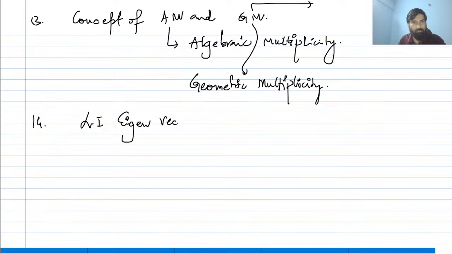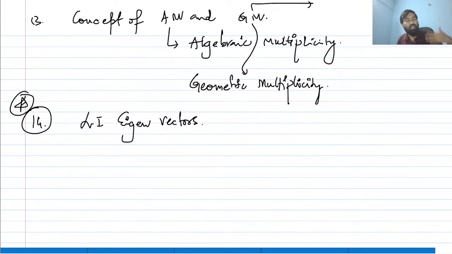This was a topic asked by ISC Bangalore, I believe in 2016, so this is a very important topic. Next year this question can be asked. They will give you the matrix A and ask how many linearly independent eigenvectors there are, so you have to calculate.